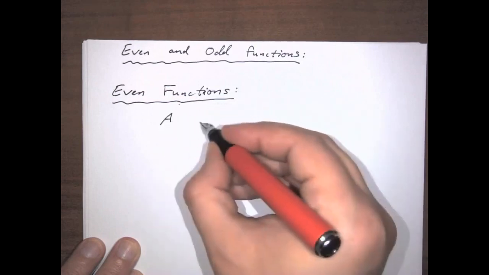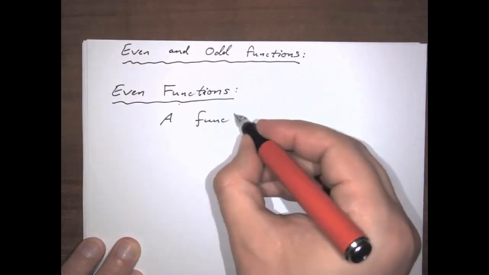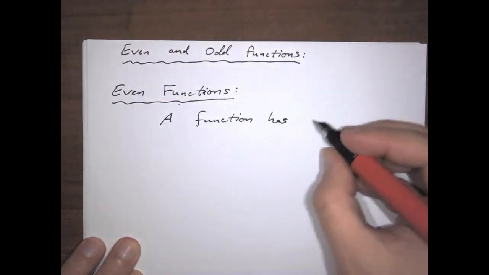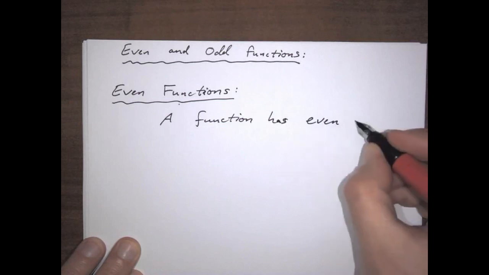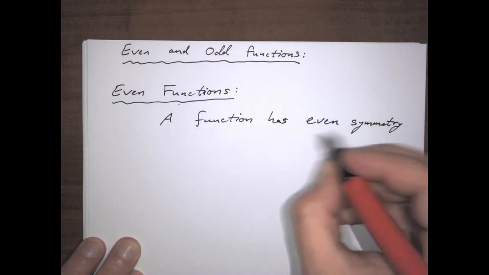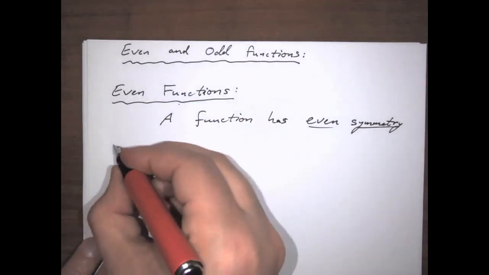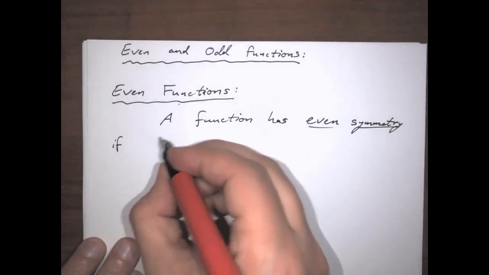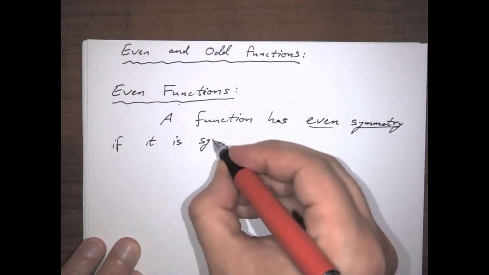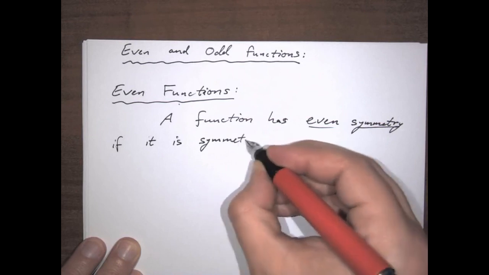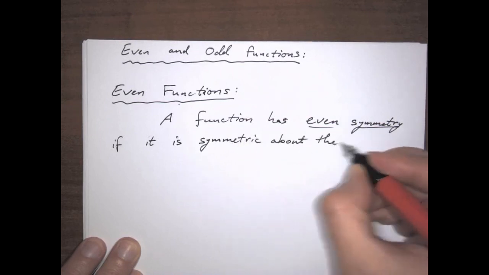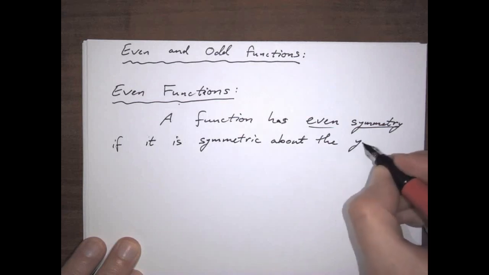So a function has what is called even symmetry if it is symmetric about the y-axis.